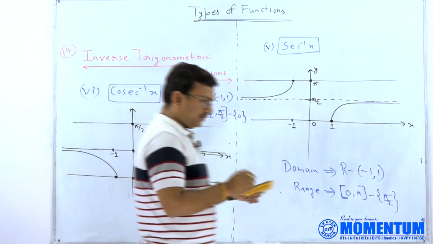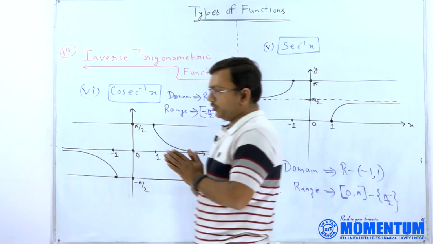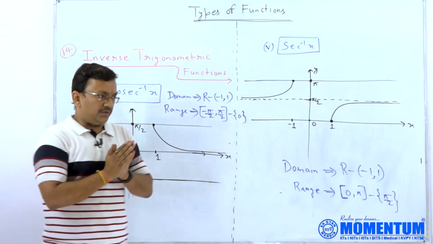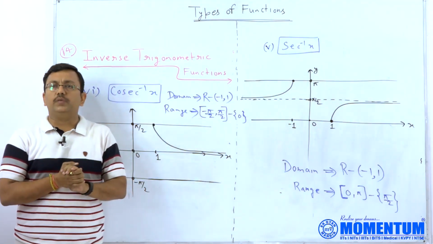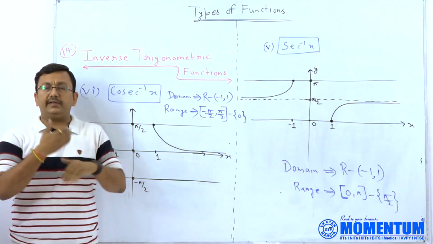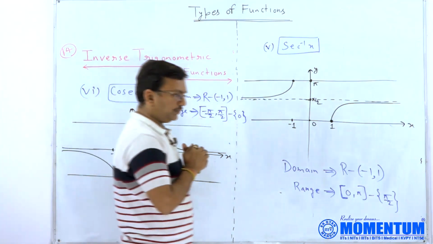So these are our six inverse trigonometric functions. I just told you that we are studying only the diagram of inverse trigonometric functions, their domain and range. In detail, we have a chapter, and we will study them there.